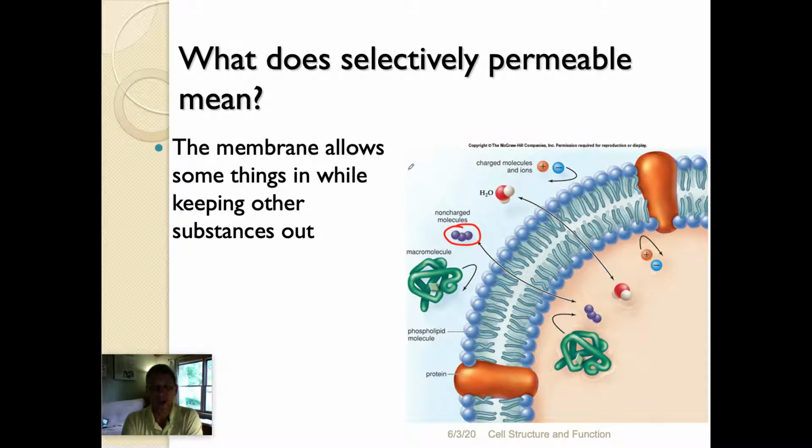On the other hand, charged molecules, things with a positive charge or a negative charge, are actually repelled by the hydrophobic tails of these phospholipids, and you can see here that they're kept from going in or getting out of the cell.